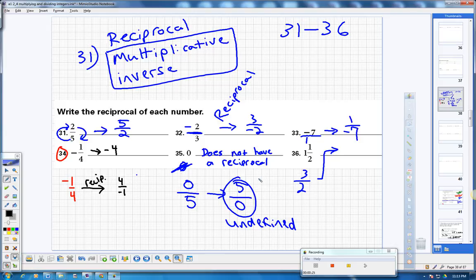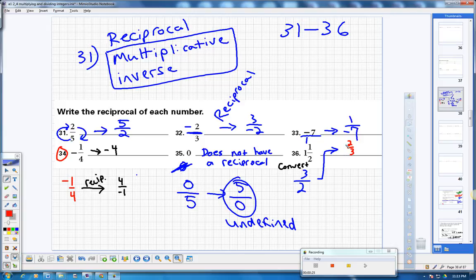Looking at something like a mixed number, in order to find the reciprocal of a mixed number, the first thing you need to do is convert to an improper fraction. We converted 1 1/2 to 3/2. So what is the reciprocal of 3/2? The reciprocal of 3/2 is going to be 2 over 3, so the reciprocal of 1 1/2 is 2/3.